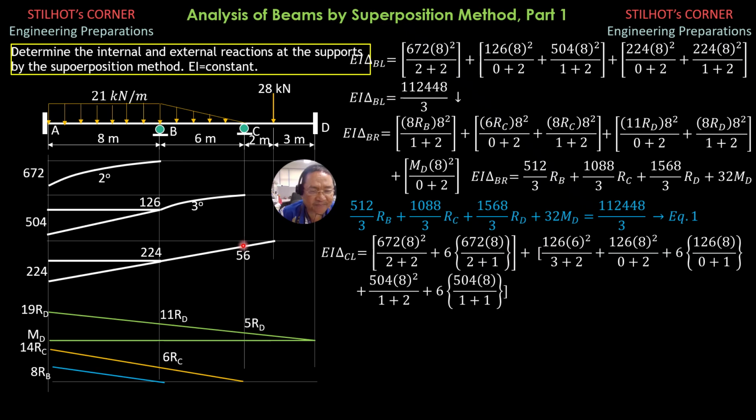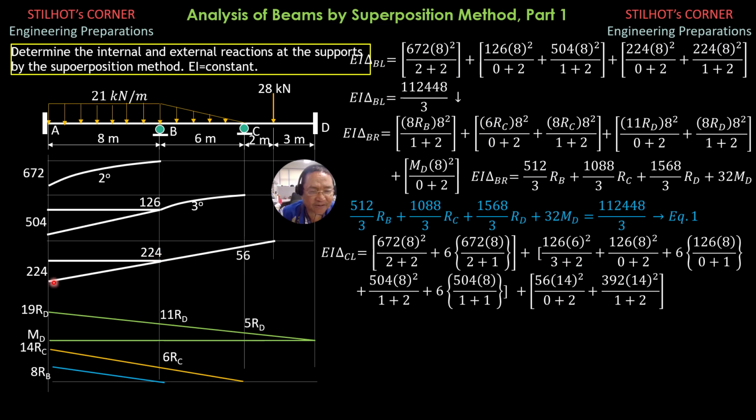So plus 56 length 14 squared divided by 0 degree plus 2, then plus quantity 224 minus 56, we have moment here at B, which is 392. Sorry, from 56 to there.